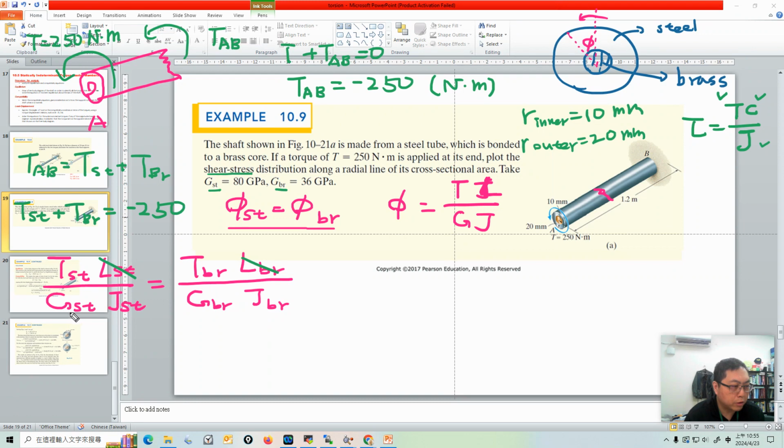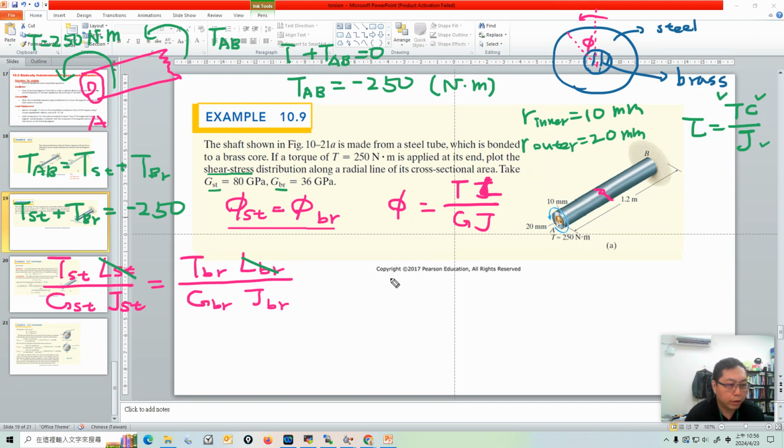First of all, what is the shear modulus, or modulus of rigidity? I believe shear modulus is more proper. G_ST is 80 gigapascal and G_BR is 36 gigapascal.